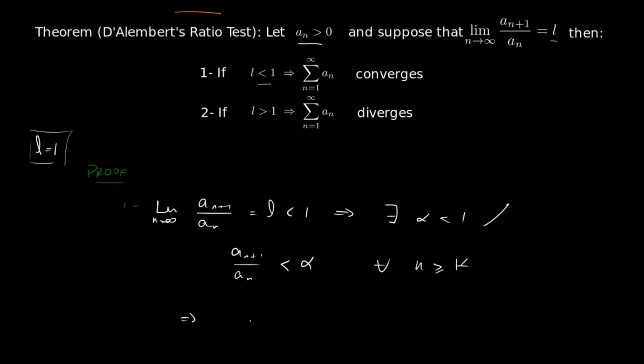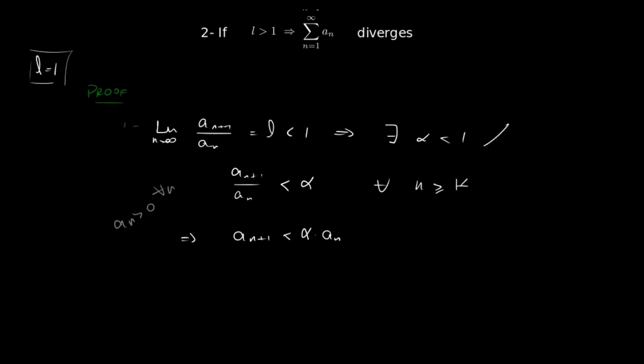So then a sub n plus 1 is smaller than alpha times a sub n. We're multiplying by a sub n, and we can do this because a sub n is greater than 0 for all n.